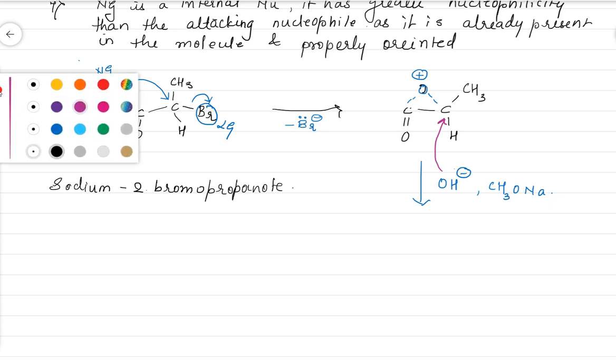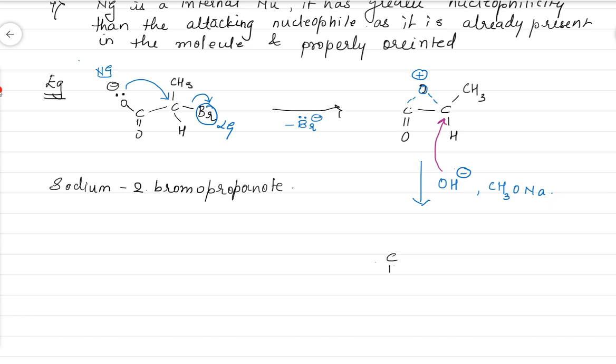So what are you going to get here? It will look like this: C double bond O, and oxygen will come back to its original position. This is your C, this is your CH3, this is H and OH, in the same place. So this is nothing but sodium lactate, where Na is present over here.